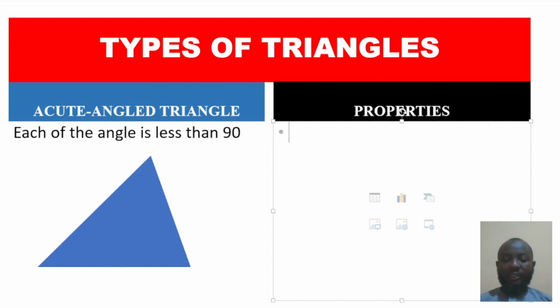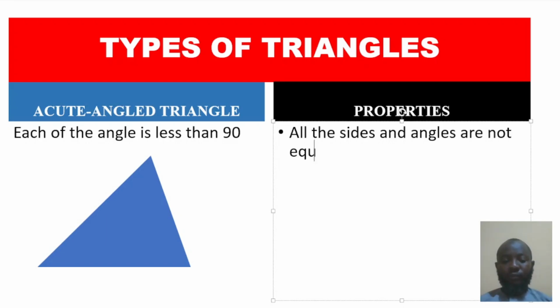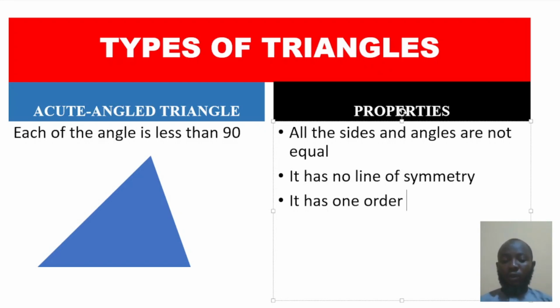We can say all the sides and angles are not equal. Does that make sense? Also, it has no line of symmetry, and it has only one order of rotational symmetry. I hope I'm making sense.